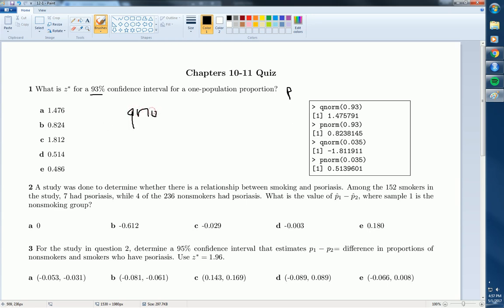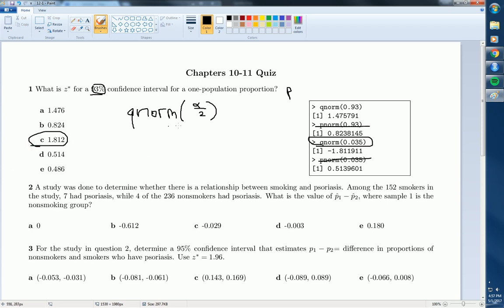Since Q's always give us Z stars and T stars, we want the Q norm, not P norm. And then we have to say what is alpha over 2. Alpha is whatever you need to make this number into 100%, so it's 7% or 0.07. So alpha over 2 is 0.035. Therefore, we need to say Q norm of 0.035, and the answer is 1.812.